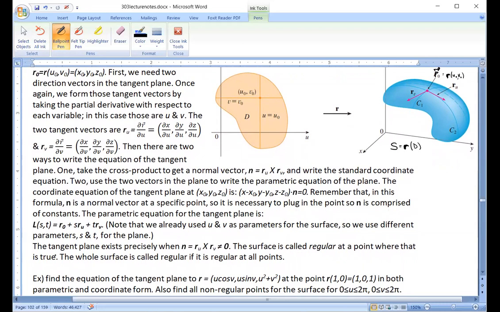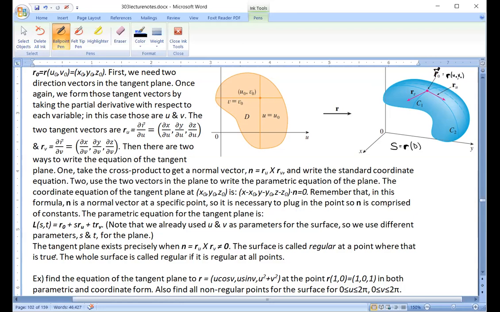So R of (1, 0), if you plug it in, you'll get (1, 0, 1). And we're going to write the equation of the tangent plane in both parametric and in coordinate form. And then the last bit is find all the non-regular points for the surface where u and v go from 0 to 2 pi. Okay.